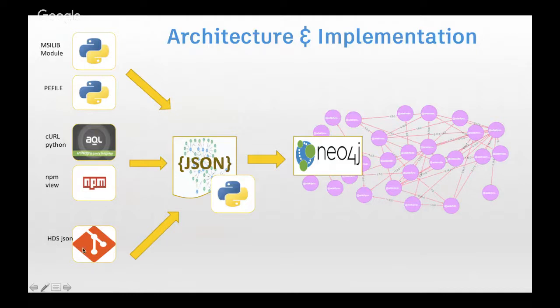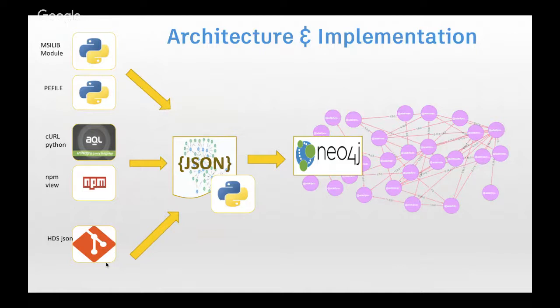So at the bottom, essentially every service that's running. In the leftmost column at the bottom, the HDS JSON represents a manifest that was parsed, where the manifest represented inter-service dependencies.